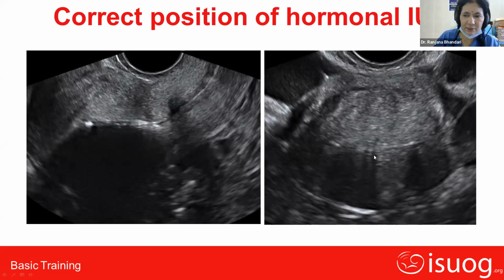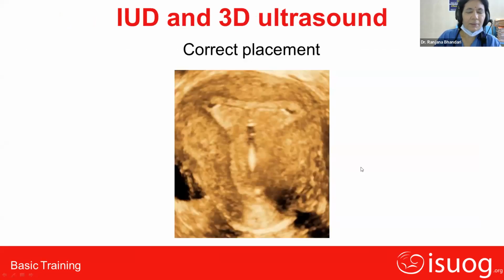On doing transverse, I am seeing this shadow. This is the longitudinal and this is the transverse. I am seeing the shadow of the hormonal IUCD. But the correct placement is normally seen in 3D. See, so nicely we are seeing the IUCD in the 3D pictures.